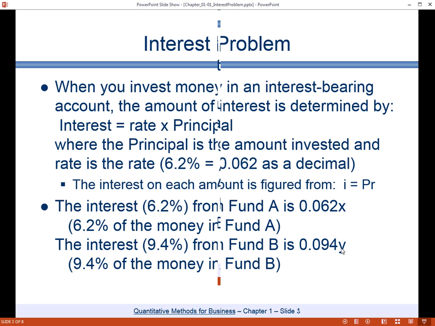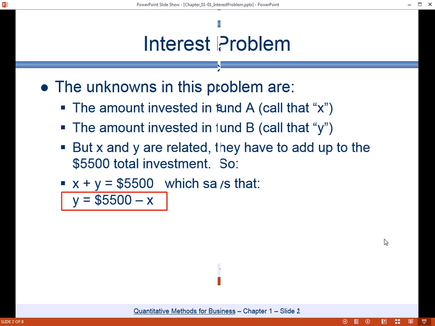And then again, we're going to use the fact that Y equals 5,500 minus X. We're going to substitute that for Y in this part of the calculation when we get to it. So all we're doing at this point is we've just summarized the information that we know about the problem. Okay, we know that X plus Y is 5,500.